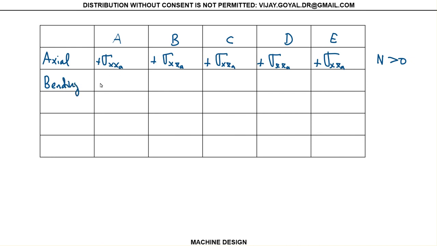For bending, we saw from the problem that this was minus sigma xxb. This is 0, this is 0, this is 0. This is plus sigma xxb. This is assuming your moment is positive. If it was negative, then obviously everything flips.